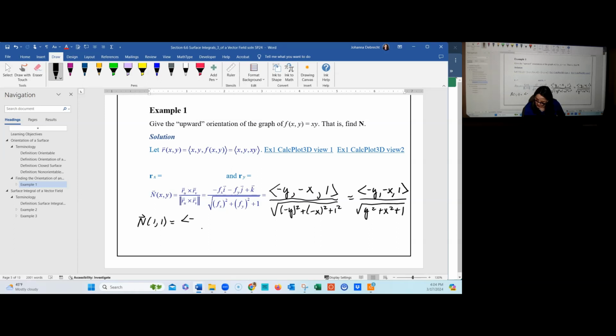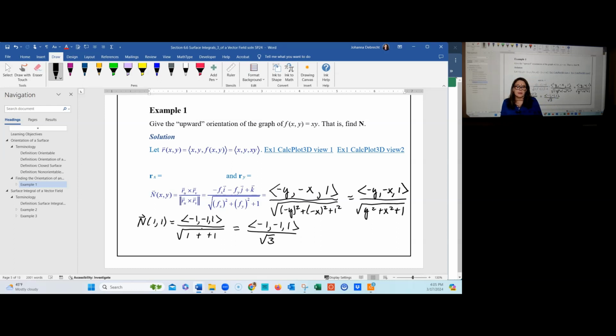This would give me negative 1, negative 1, 1 over the square root of 1 squared plus 1 squared plus 1, which would give me negative 1, negative 1, 1, all divided by the square root of 3.